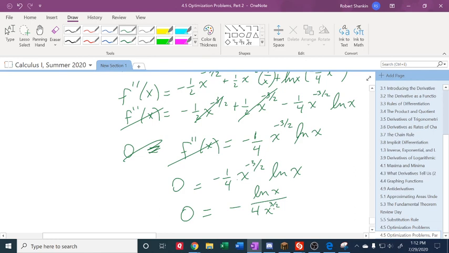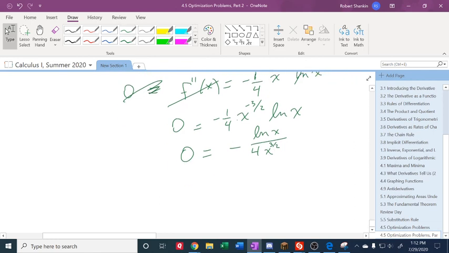Alright, so for concavity, we're going to say that the inflection points are the values of x. Now, you have to look at two ways to look at it, whether the second derivative is 0 or whether the second derivative doesn't exist. ln x, well, x is not allowed to be 0.